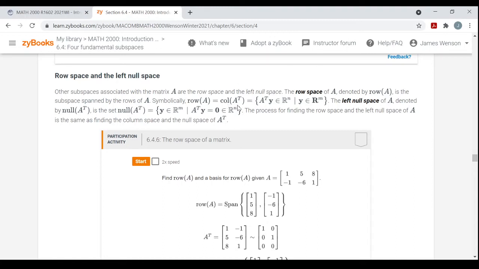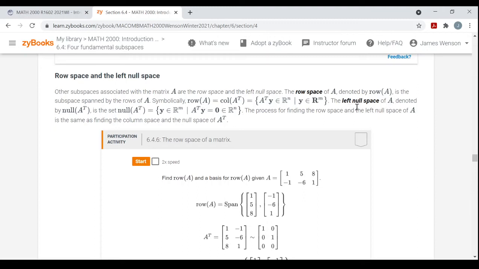Because remember, the columns of A transpose are just the rows of A. So I'll show you an example, of course. You take a matrix, take its transpose, and find the column space of the transpose. You'll then have what's called the row space of the original matrix.